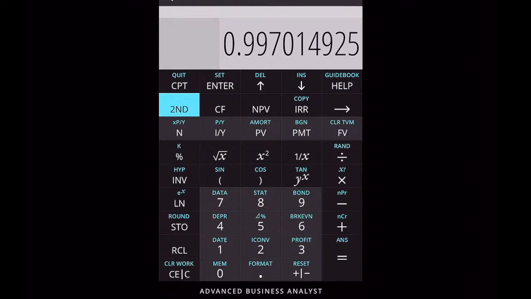Then I'm going to take that to the power 360 months, and say equal. Now I'm going to change the sign. You see, I changed the sign, make it a negative, and I add to 1, and I say equals. Then I multiply that amount by 100, and I divide by 0.003. Just follow the steps, and that's my answer. So you should practice that, because either do it there or put up the formula in Excel so you can get your answer. Okay?